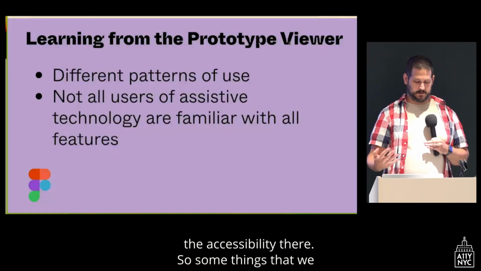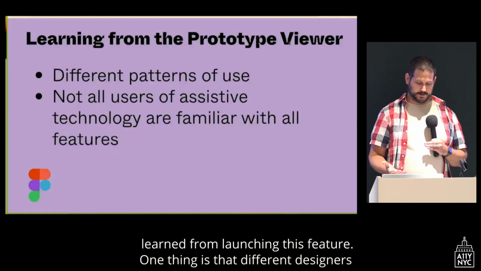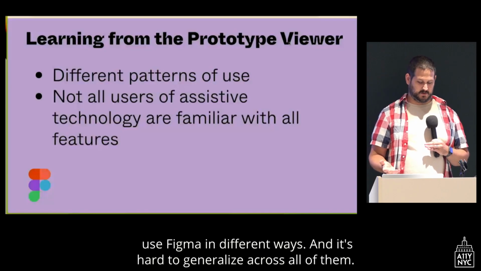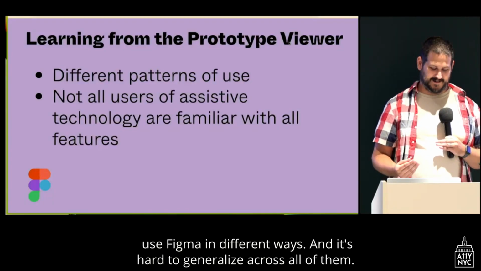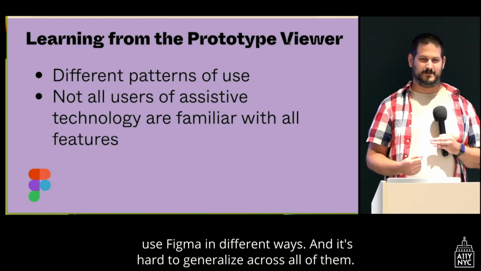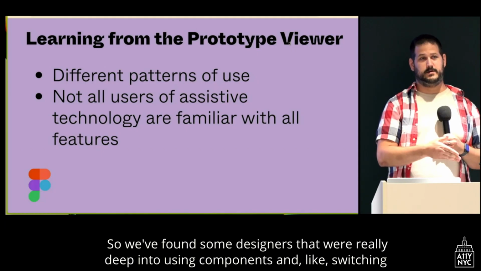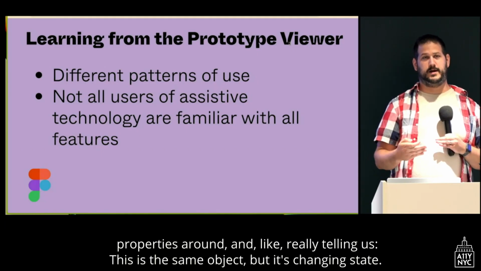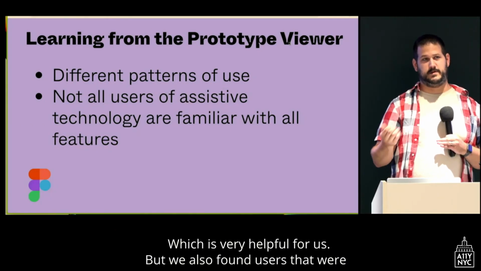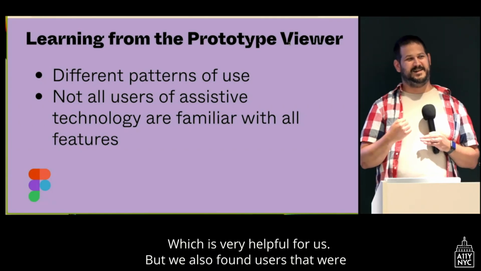So some things that we learned from launching this feature. One thing is that different designers use Figma in different ways, and it's hard to generalize across all of them. So we found some designers that were really deep into using components and switching properties around and really telling us this is the same object but it's changing state, which is very helpful for us.